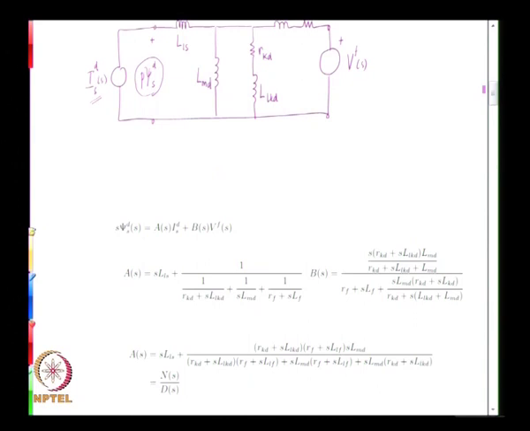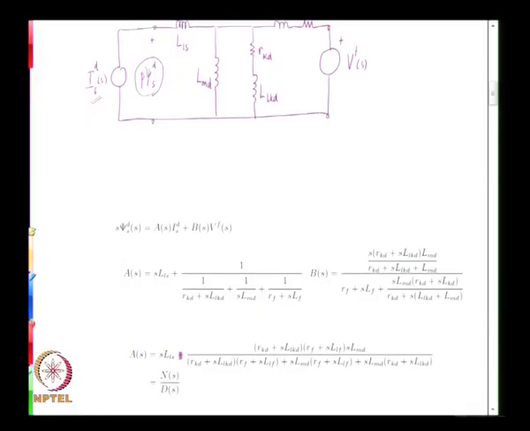Now let us take a look at the first of these 2 terms, that is the term AS. Now AS can be written as SLS plus, we further reduce this expression. So the denominator will now consist of product of 2 of these terms taken at a time.